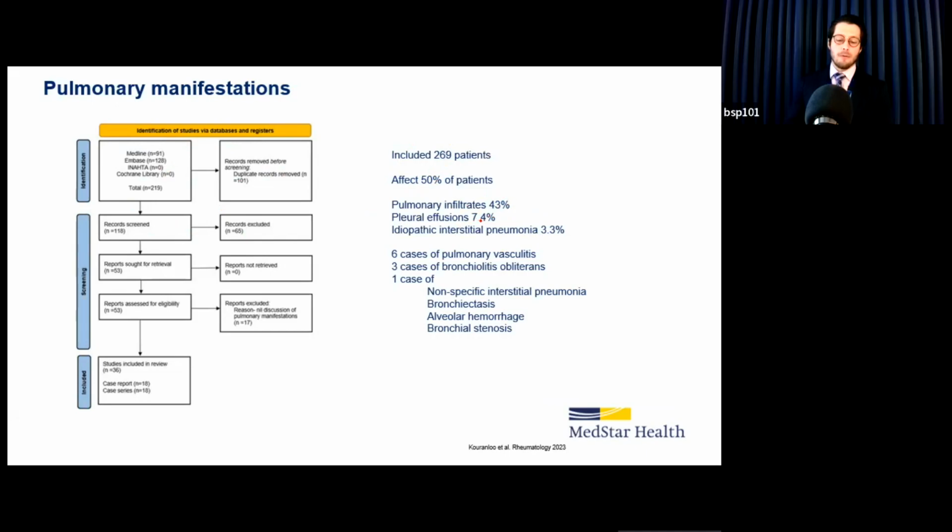There are also quite a few pulmonary or pleural effusions, and about 3% of patients have idiopathic interstitial pneumonia. And they also found some cases of pulmonary vasculitis, bronchiolitis obliterans, bronchiectasis, and alveolar hemorrhage. So again, a variety of pulmonary symptoms similar to what we see in the skin and other organs.